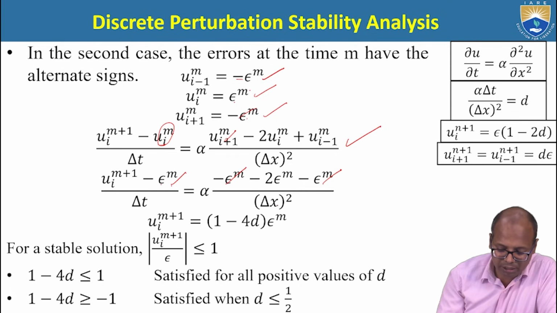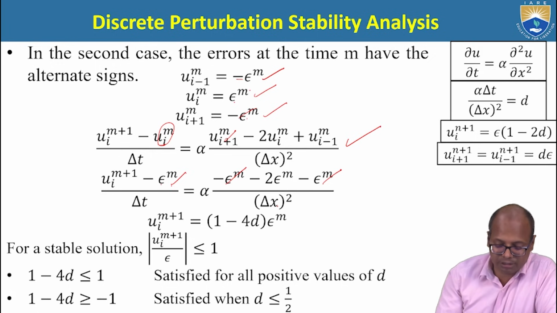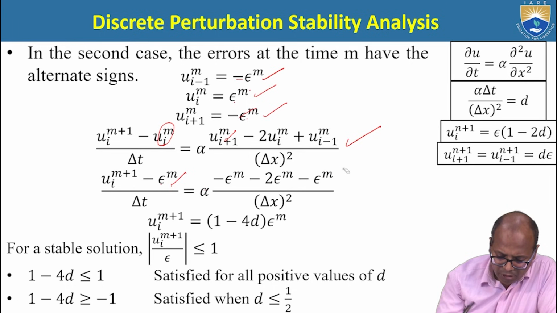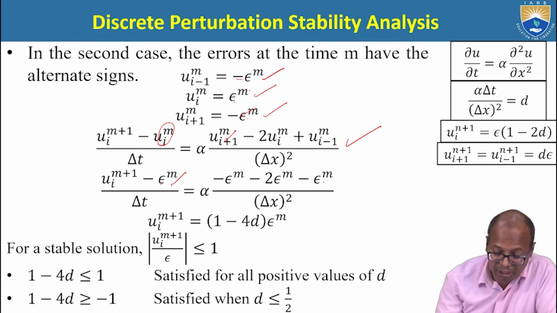Alpha delta t by delta x square is nothing but d. And here what is happening? It is minus epsilon power m minus 2 epsilon power m minus epsilon power m. So it is minus 4 epsilon power m. Okay, and here it is epsilon power m.